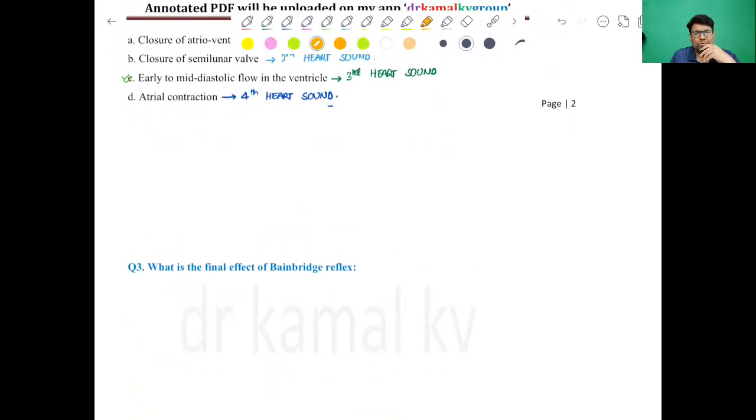Then there are many questions which are about reflexes, so I have taken one, and that is Bainbridge reflex. So what is the final effect of Bainbridge reflex? Now what happens in Bainbridge reflex?